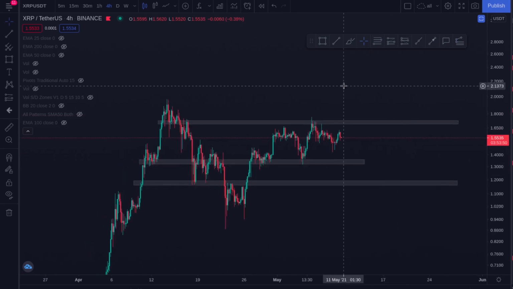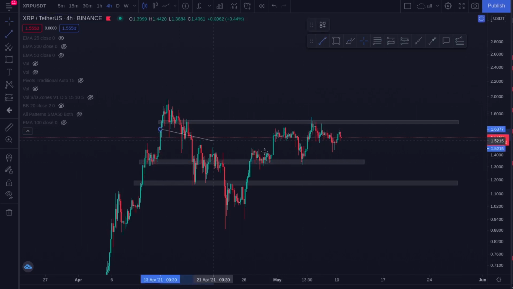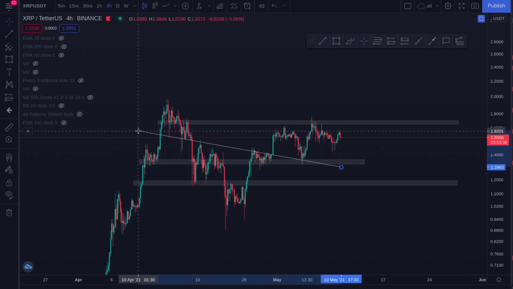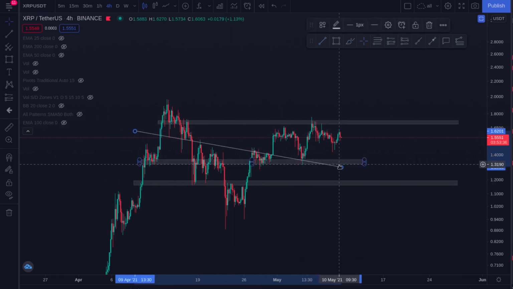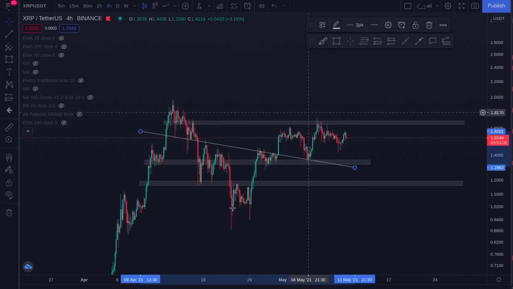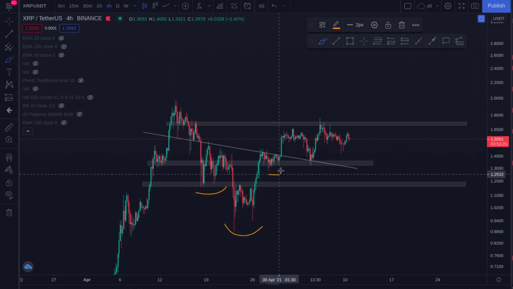The XRP chart looks quite interesting to me, as we had an inverse head and shoulders over here, with the left shoulder, head and the right shoulder over here.